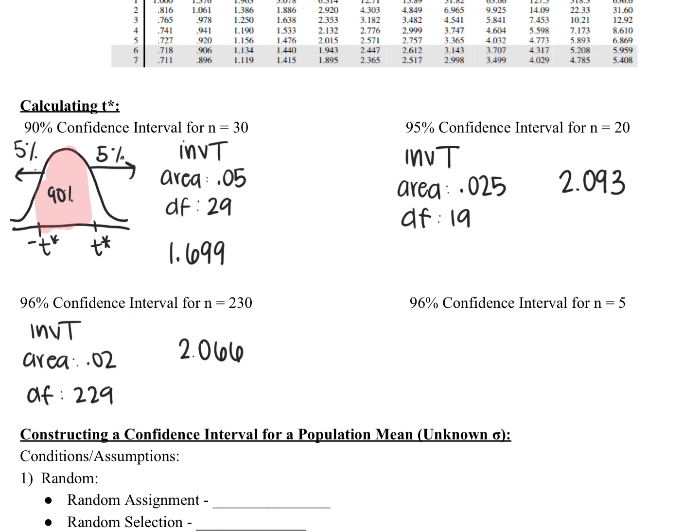Whereas if I had a very small sample size of 5, I have INVT, area is still 0.02, but now my degrees of freedom are 4. It drastically increases our critical value to 2.999. So you can see that the smaller your sample size, the larger your critical value is going to be, even if you have the same level of confidence.